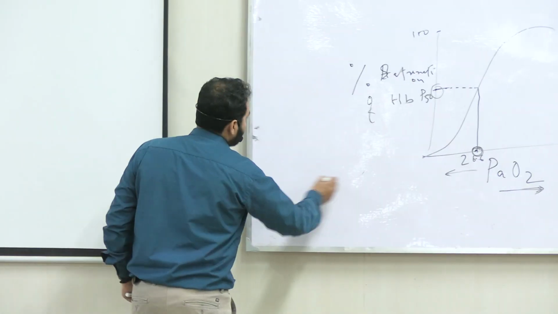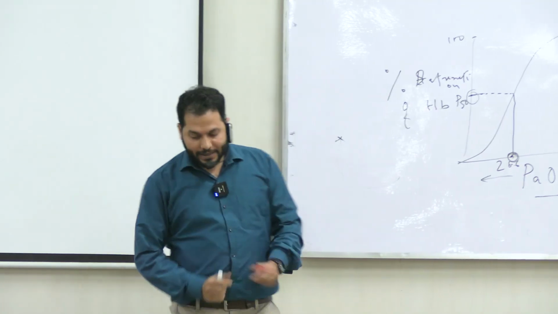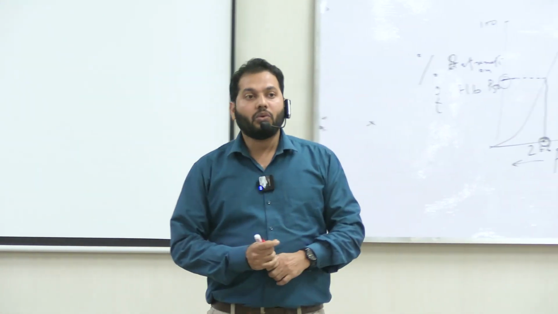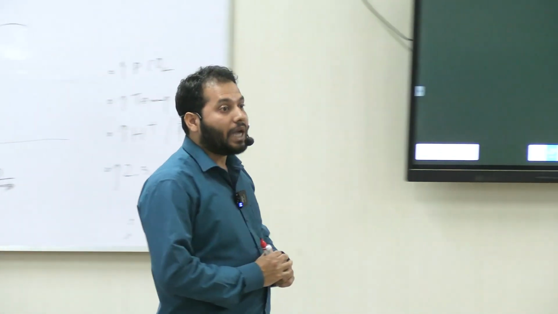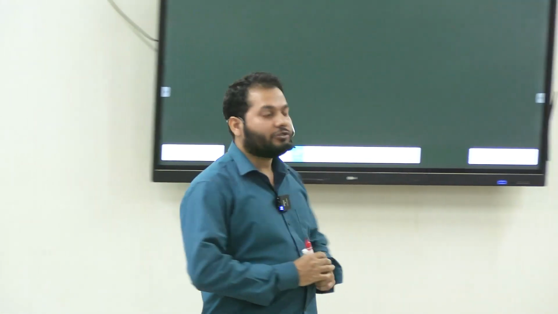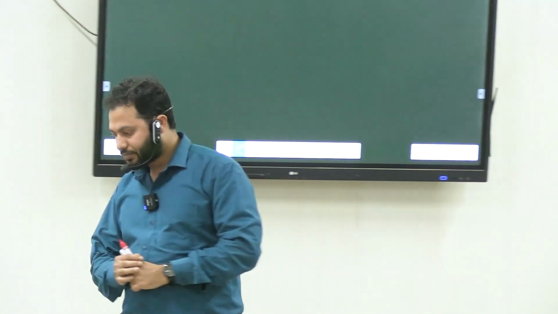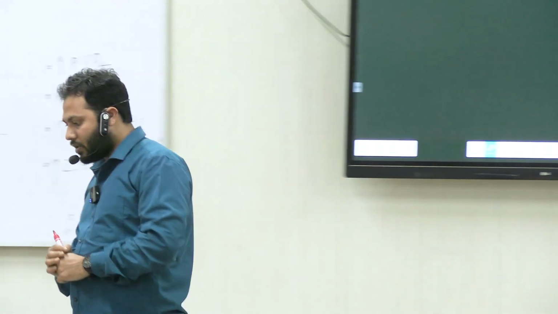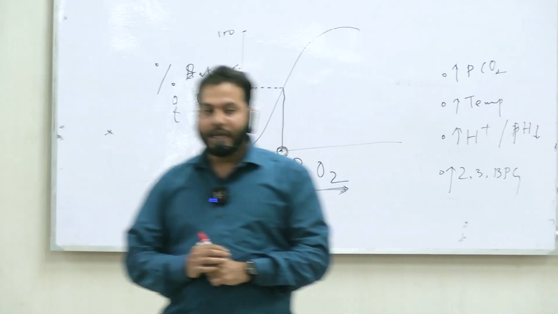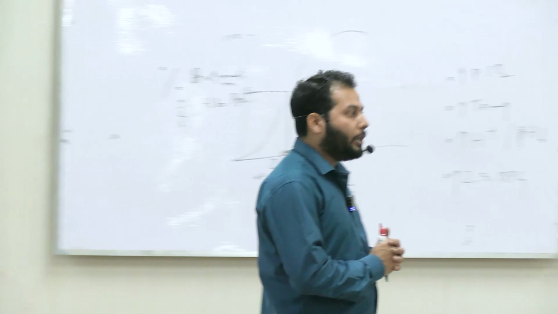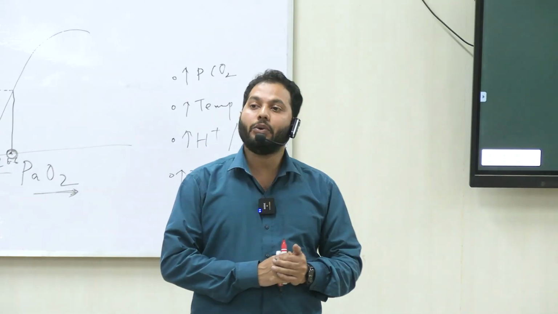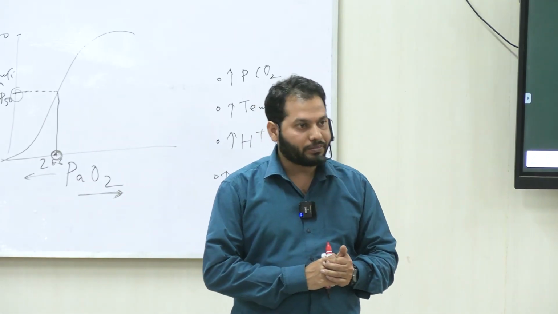Now comes the next point. As in the previous class we discussed the various types of pressure that are essential for gaseous transport. So here we will see the importance of those pressures during carbon dioxide transport, right?